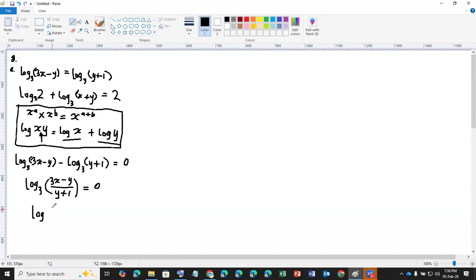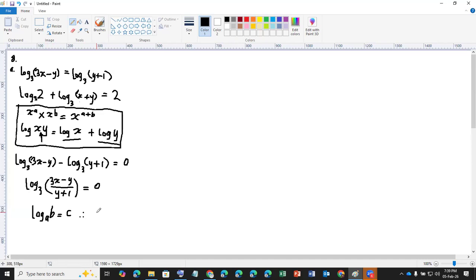Let me use letters. Log B to base A is equal to C. Then in indices, you can say that the power of B to base A is C. That's another way of saying it.